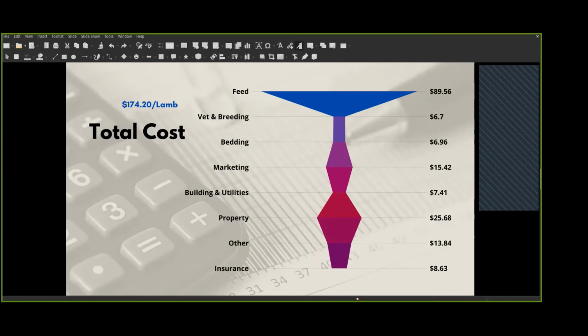So it is 174. Last year was really good though. We got an average gross revenue return of $225 per lamb, which I'm happy with. It gives me a reasonable margin. And we did not sell all the lambs, obviously, but still came out on the plus side.